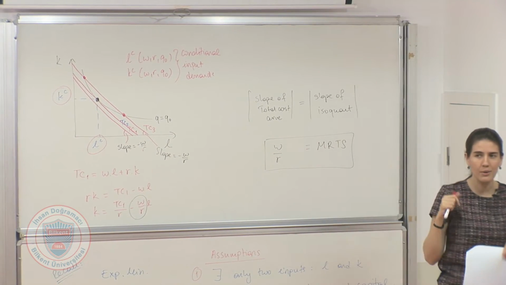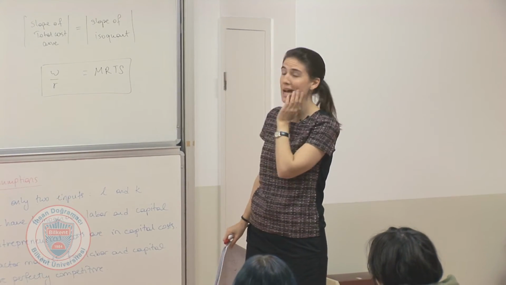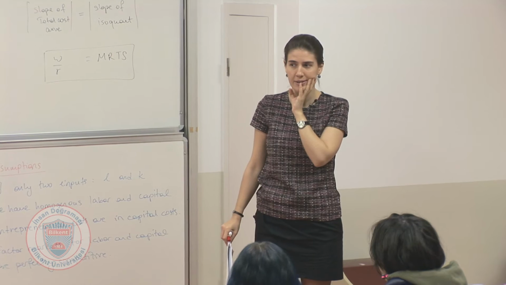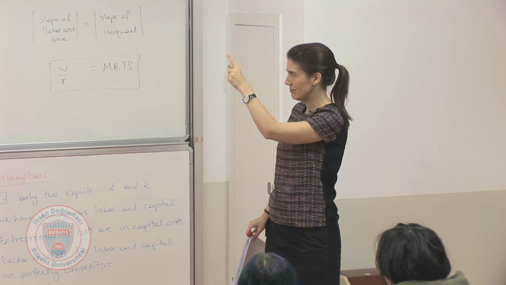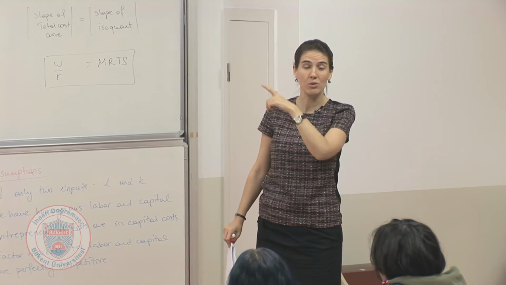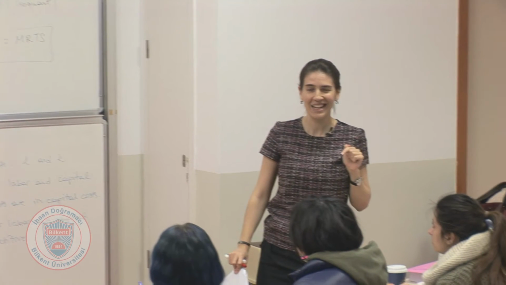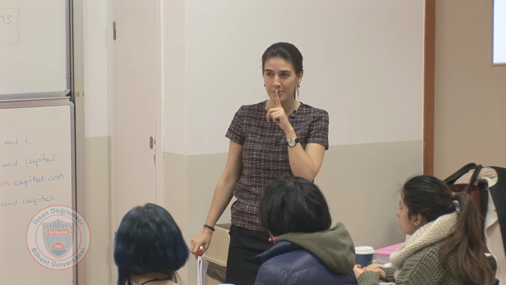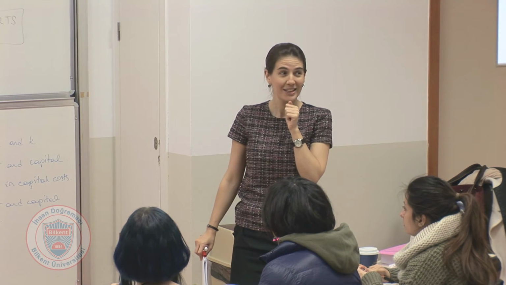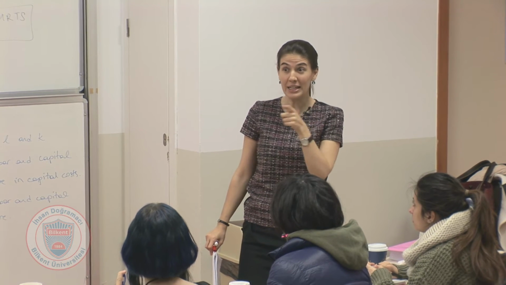But there was also another thing we have to know in order to say that the tangency point is the optimal point. We have to know that we have convex indifference curves or convex isoquants, and remember, this was actually one of your exam questions, we have to have an interior solution.